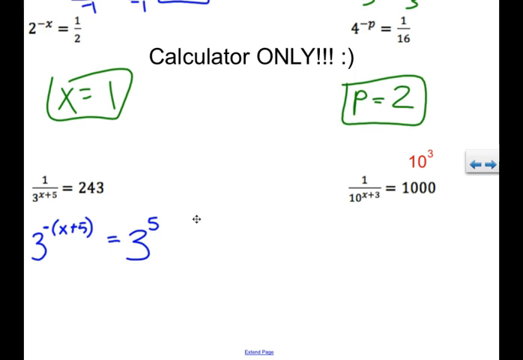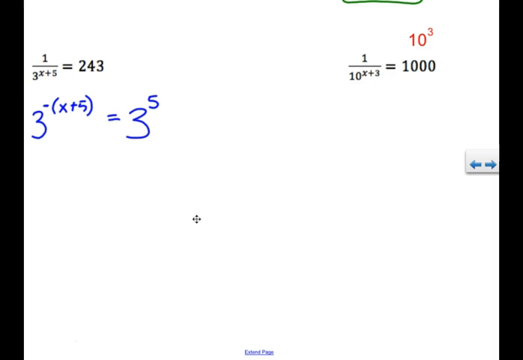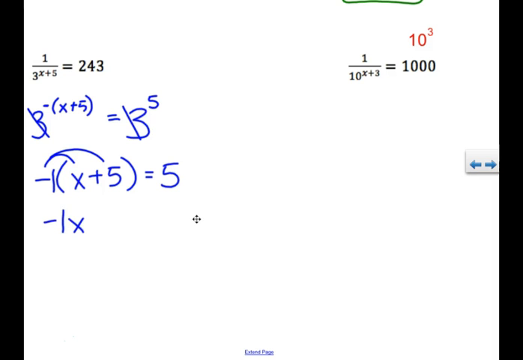Okay, now that your bases are the same, I can cancel them out, leaving you with a negative parentheses x plus 5 equals a 5. Okay, now you can either distribute, because this is a negative 1 out front, so if you want, you can distribute and get negative 1x, and then a negative 5 equals 5. Now I'll show you another way if this is better for you.